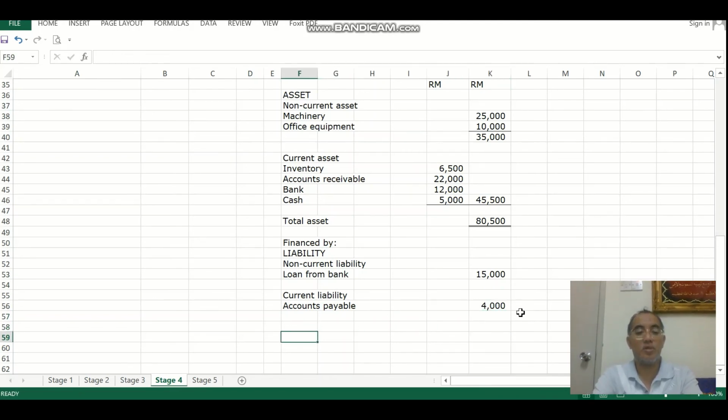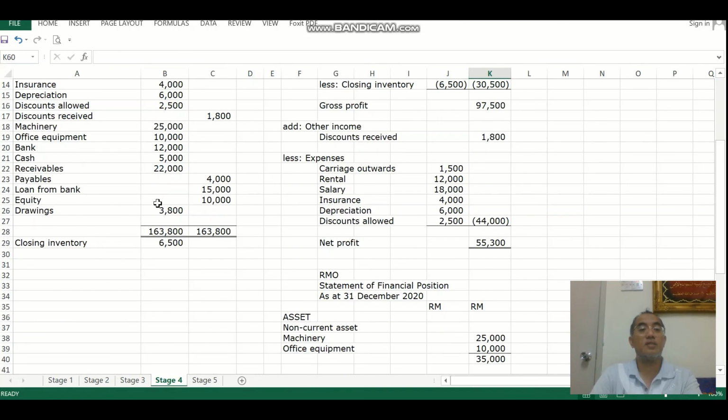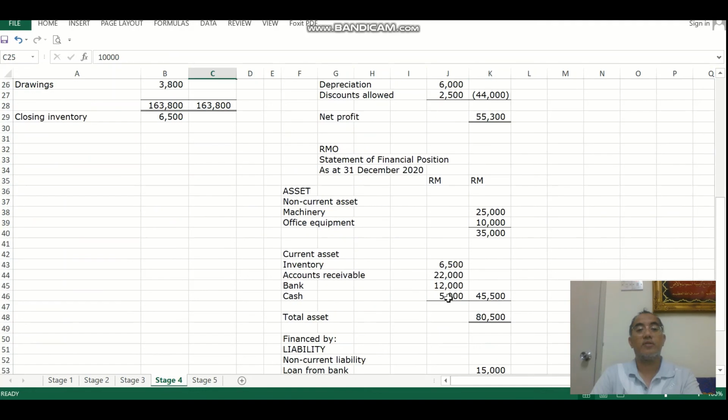Okay, and then move on to equity. My equity consists of my capital. How much is my capital? My capital is 10,000.